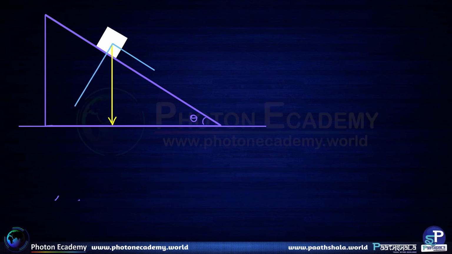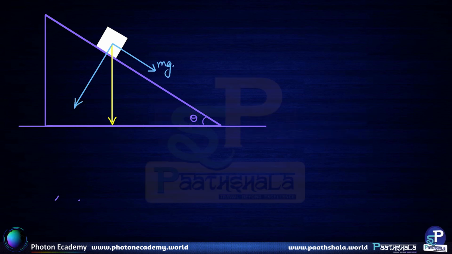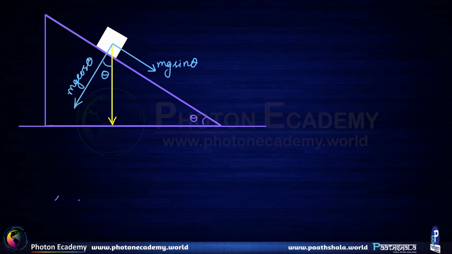The down the plane component of gravity can be written as, so this is the down the plane component of gravity. It can be written as mg sine theta, because this angle happens to be theta from fundamental trigonometry and similarity of triangles, and this component happens to be mg cos theta.